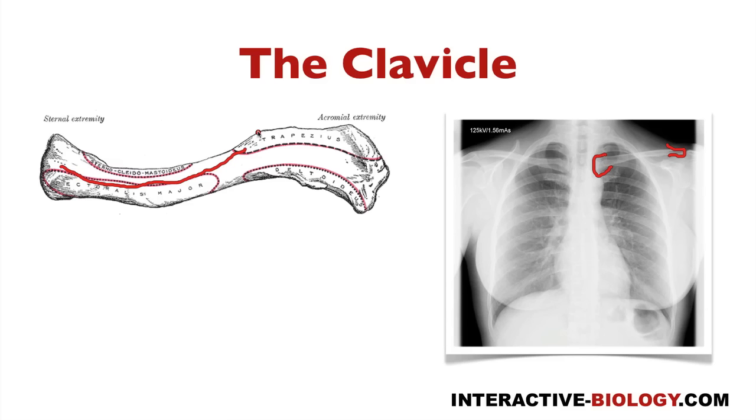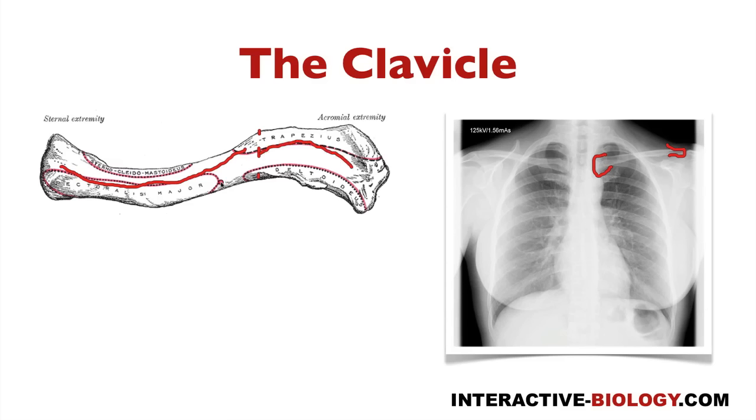The medial 2/3, so let's say from about here all the way down, that medial 2/3 is going to be convex anteriorly, so curved anteriorly, and then the lateral 1/3 is going to be convex posteriorly, so it curves backwards. So that's one differentiating feature.